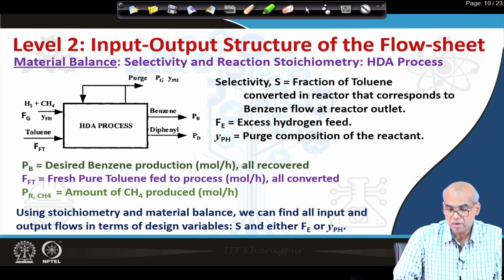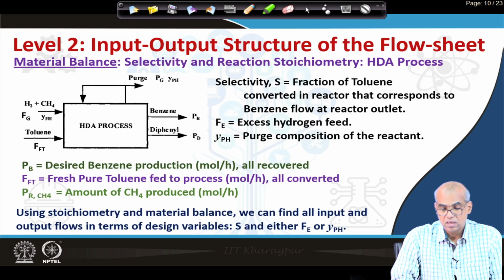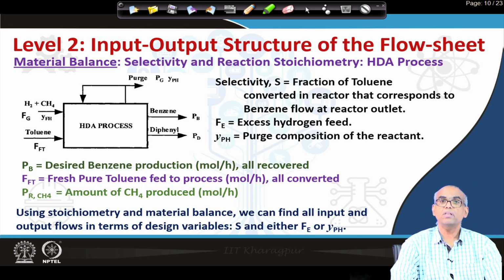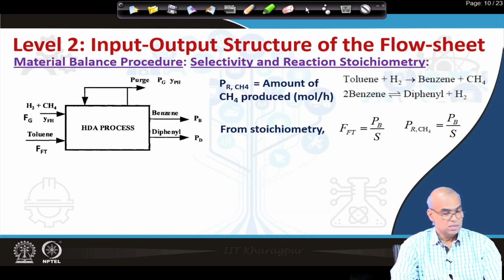Using stoichiometry and material balance, we can find all input and output flows in terms of design variables, selectivity, and either excess hydrogen Fe, or the hydrogen concentration, or the mole fraction of hydrogen in the purge stream, which is YPH. So, let us see how you do that.